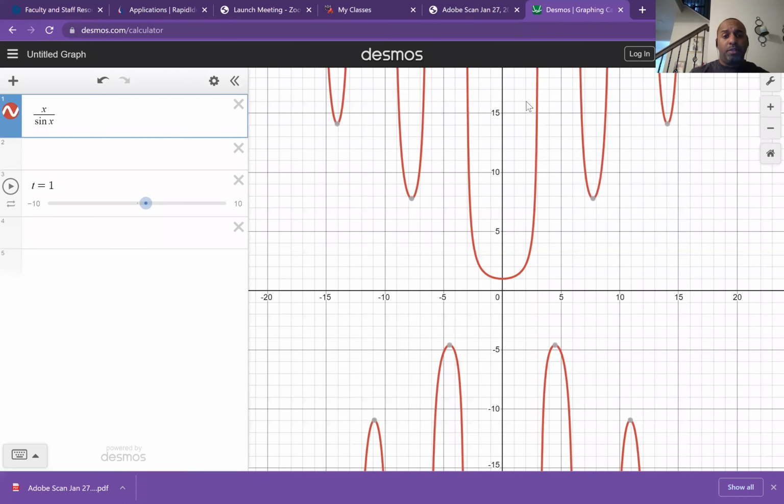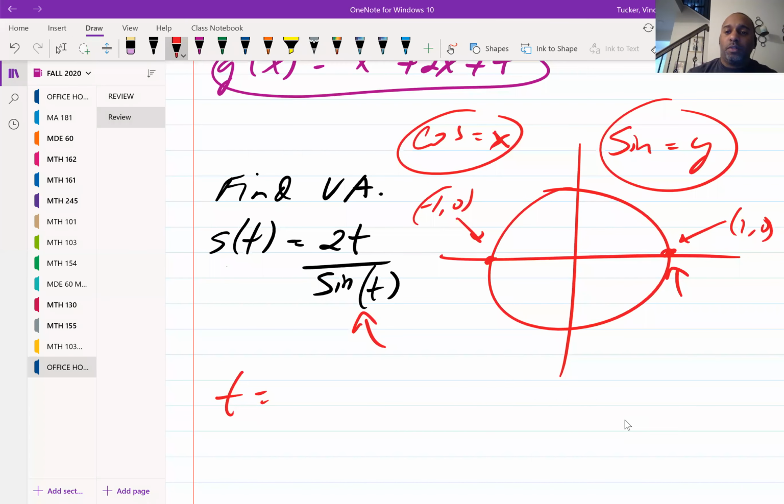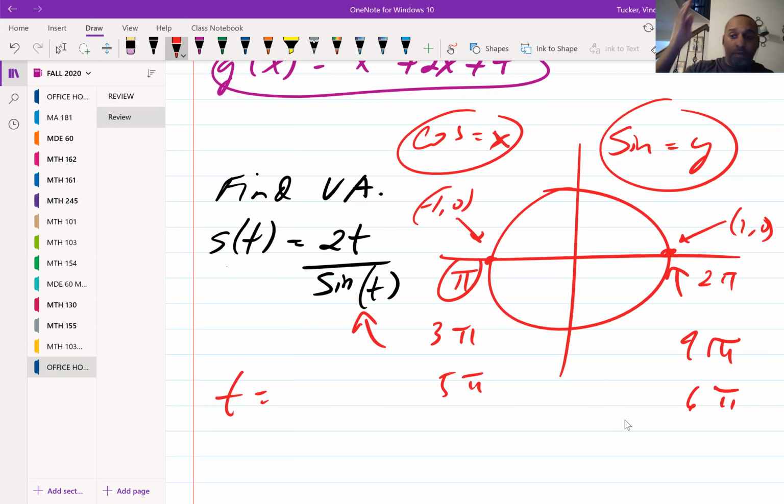Because you may not have known that about 0, but if you notice, you keep going out every rotation of pi. So this is pi, then this would be 2 pi, 3 pi, 4 pi, 5 pi, 6 pi. So every rotation of pi will give you this vertical asymptote, except at 0, where we just had an open circle, not a vertical asymptote.